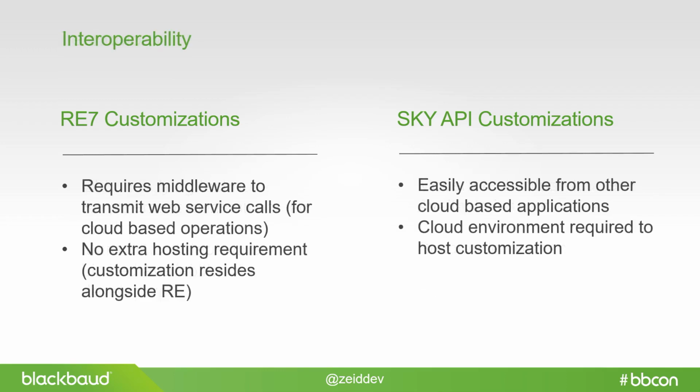How about interoperability? Well, what does that mean? Firstly, that means how easy is it to connect to other systems? How is that integration going to work? Is it easy, difficult? Razer 7 normally requires a middleware to transmit web service calls. What does that mean?